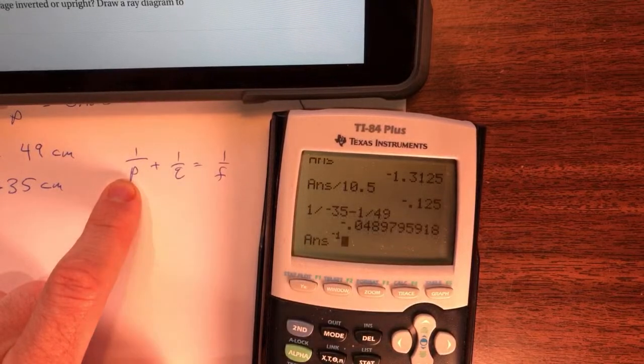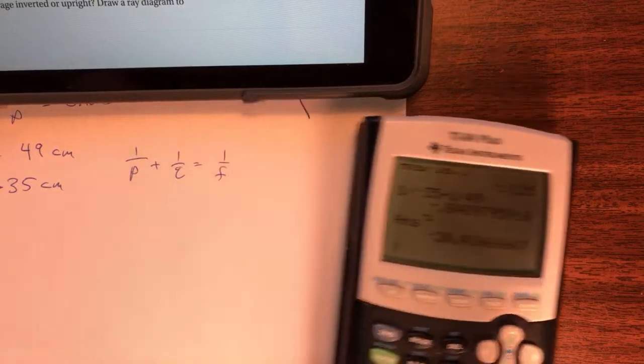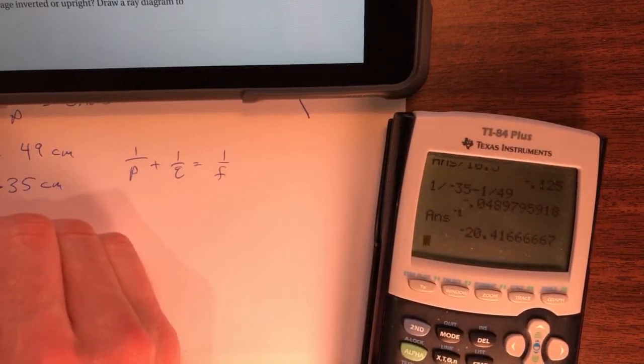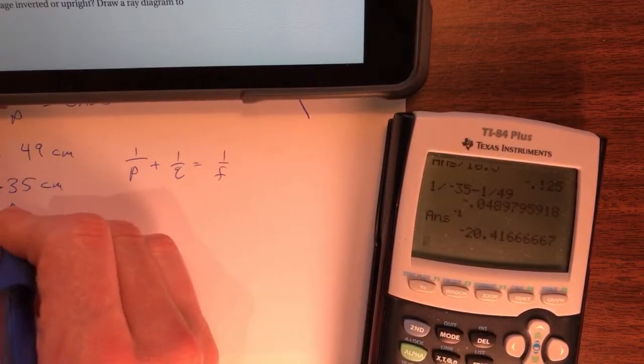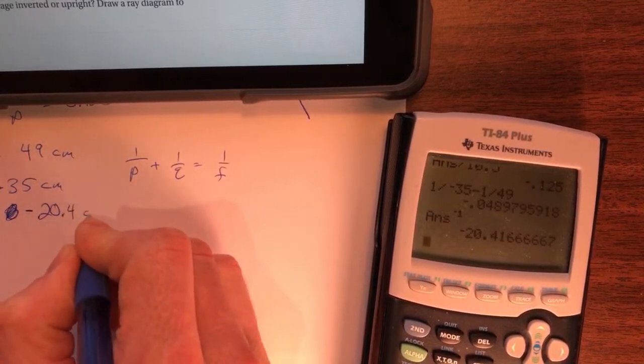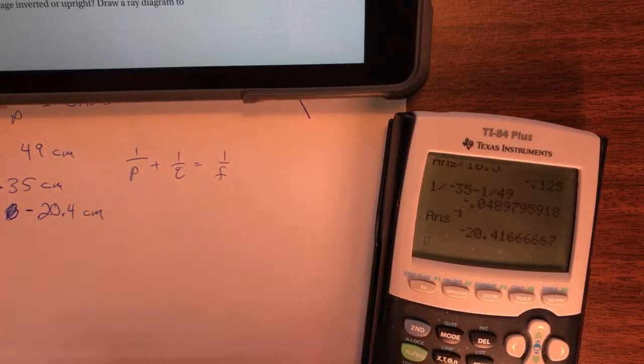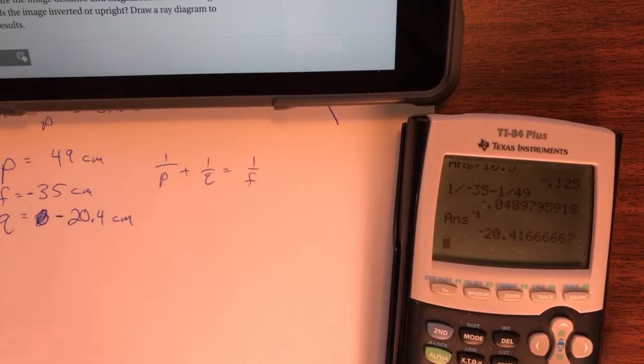Take the inverse of that, and we're going to get negative 20.4 for Q. Q equals negative 20.4 centimeters. That's a pretty reasonable thing to draw. No problems at all with that because we're not going to have a huge magnification.